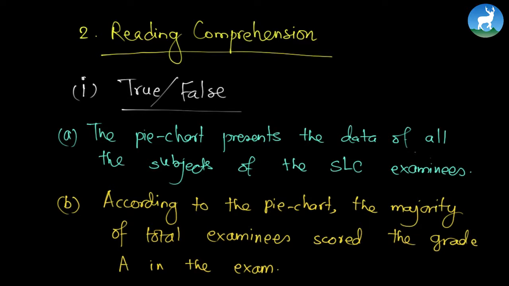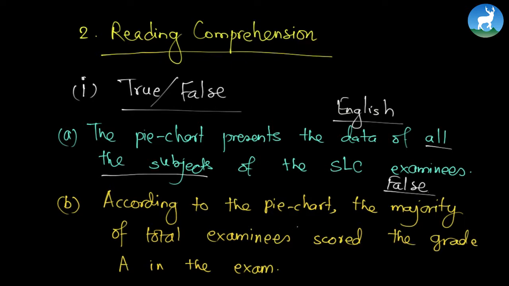So is this true or false? It is not the true statement, it is the false one, because it does not represent all the subjects. It only represents the English language subject. So we are going to write false.